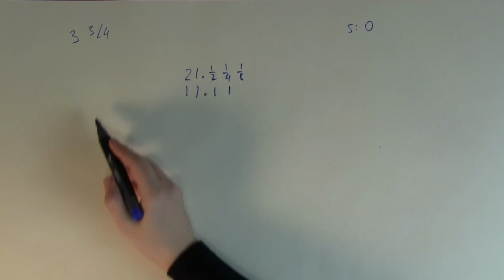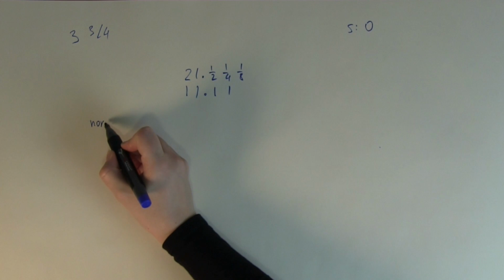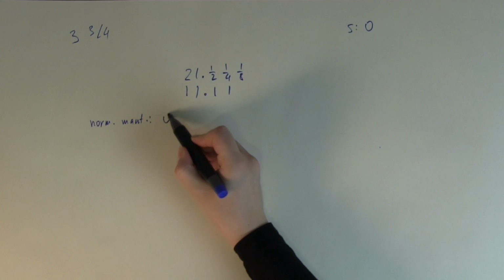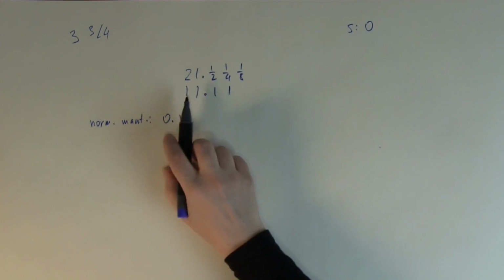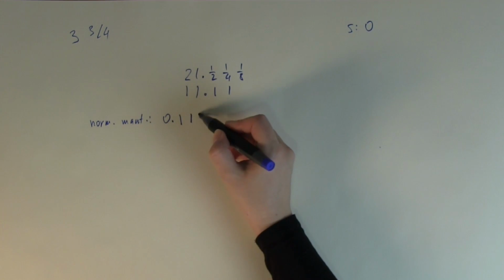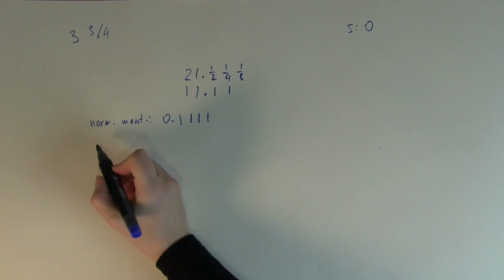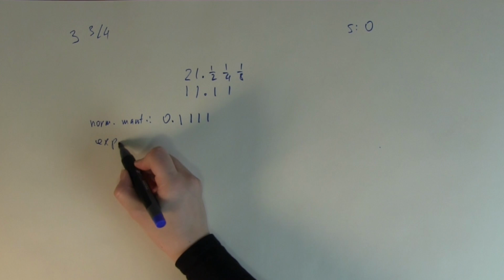So what I need to do now is find the normalized mantissa. 0, radix point 1, and that's quite easy because I just have to follow it through and put the 4 ones together. The next step is to find the exponent.